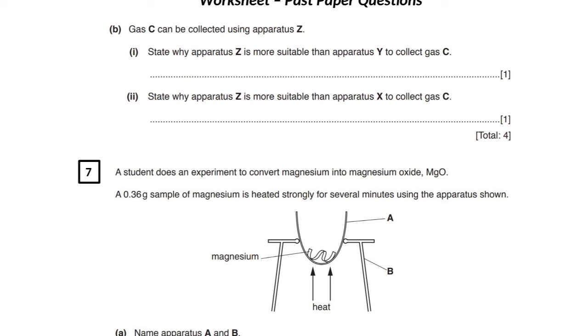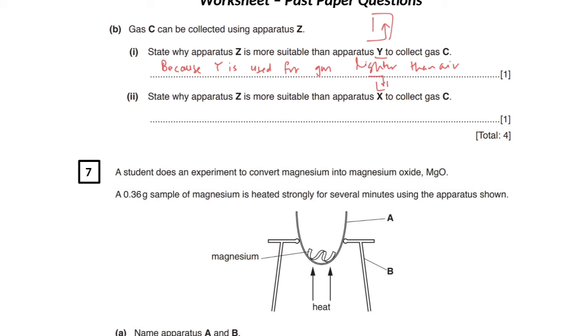State why apparatus Z is more suitable than apparatus Y to collect gas C, because like I told you, apparatus Y is the upward delivery one, okay? Because Y is used for gases lighter than air. And state why apparatus Z is more suitable than X. X was the downward delivery one.